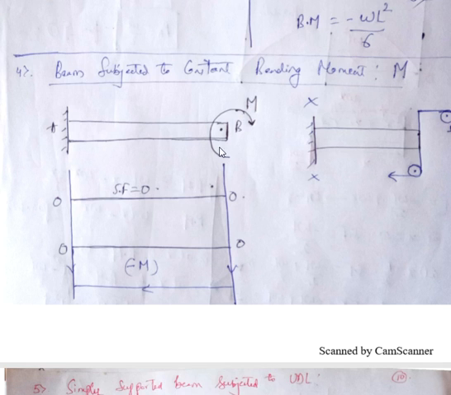Now how we get this symbol is, see, if I consider the same beam here, and to this beam I consider one lever in vertical direction, which I am showing with the cursor.